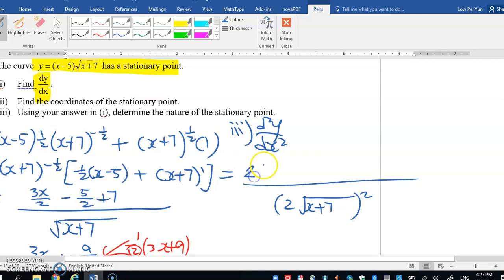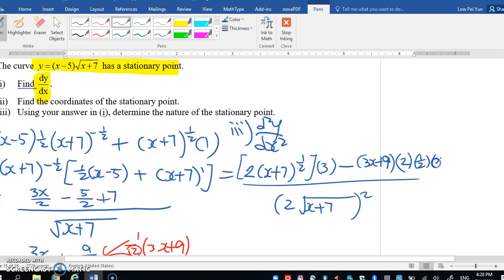I write it as 2 times (x plus 7) to the power of half, times the differentiation of the numerator. I have 3x plus 9, so differentiating I have 3, minus copying my numerator, 3x plus 9, and this, I need to differentiate my denominator. Okay, here goes. This is going to be 2 times bring down power half.